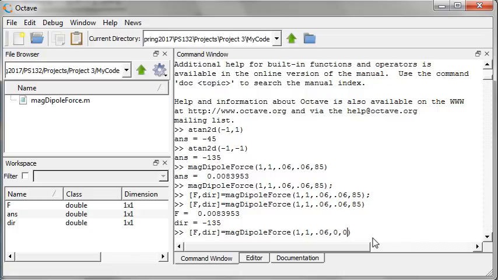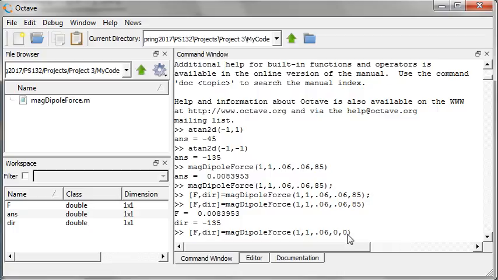Remember, we've got a little bar magnet or magnetic dipole at the origin, pointing in the plus x direction, with the north pole to the right, looking at a Cartesian coordinate system. Now I've put another magnet to the right of that, so this one should experience a force to the left. I'd call that 180 degrees.